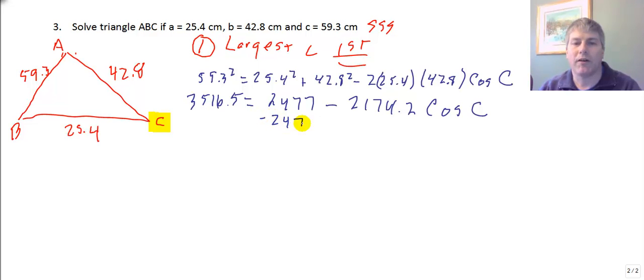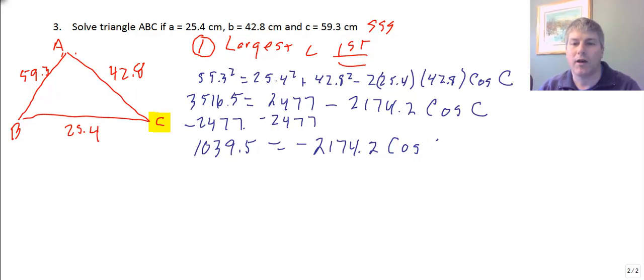Subtract 2,477 from both sides. And we get 1,039.5 equals the opposite of 2,174.2 cosine of C. Now this is multiplication, so I need to divide by negative 2,174.2.